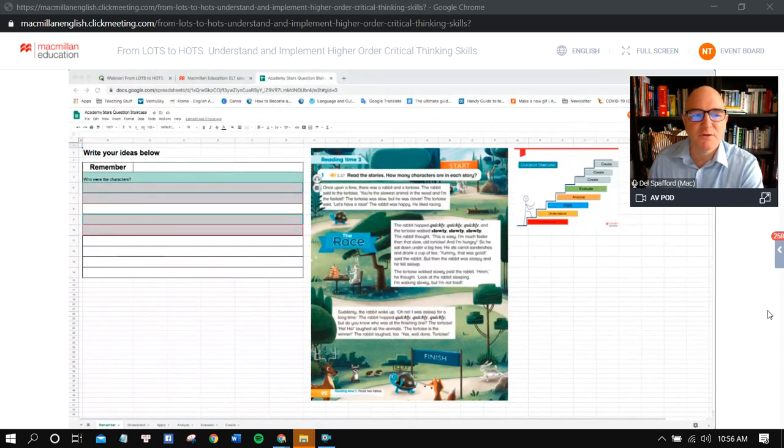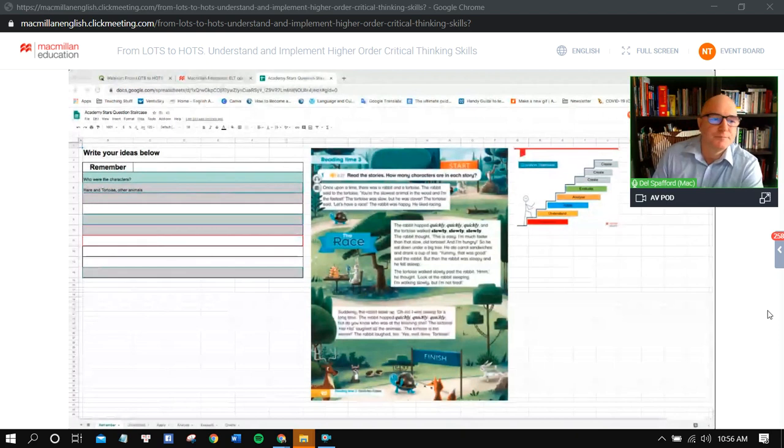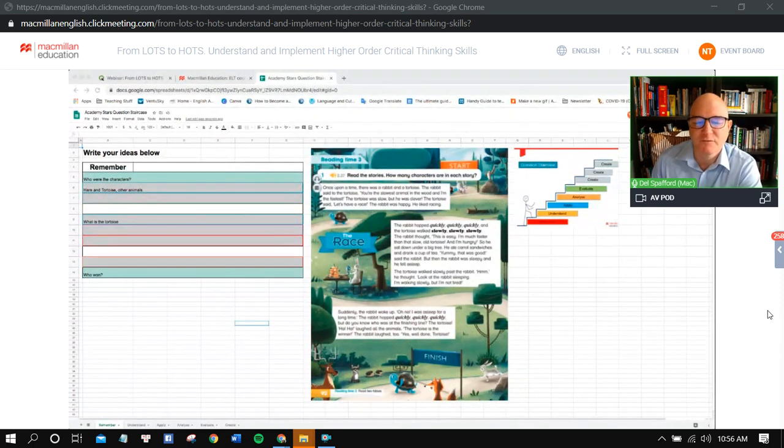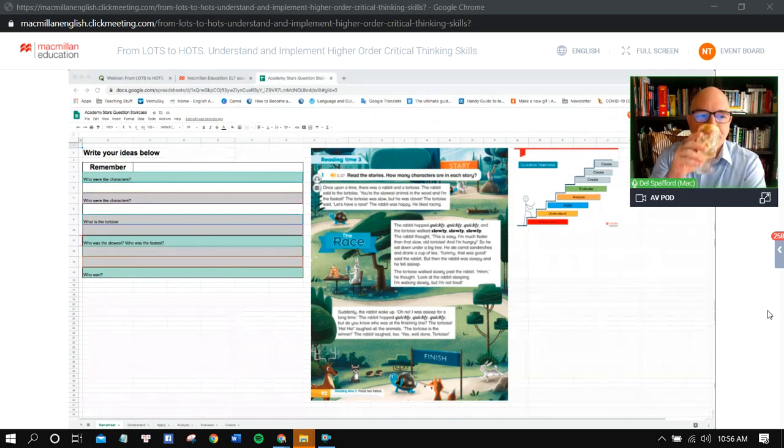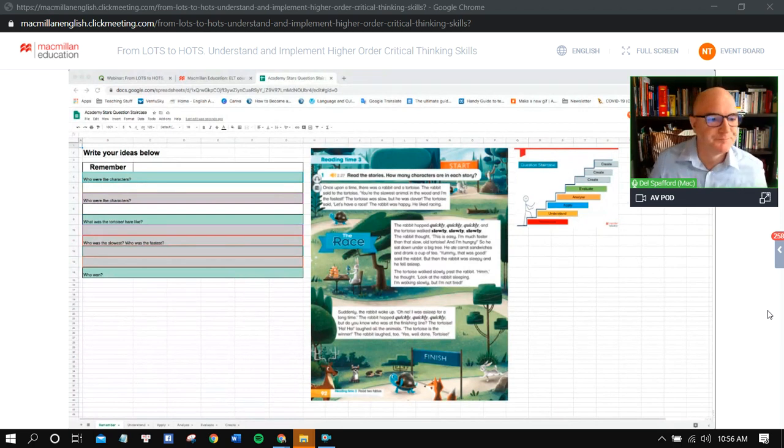So you're going to write the questions. Don't worry about the answers. Your students will answer the questions. Good question. So remember, no answers, just write the questions. It's a question staircase. Excellent question.